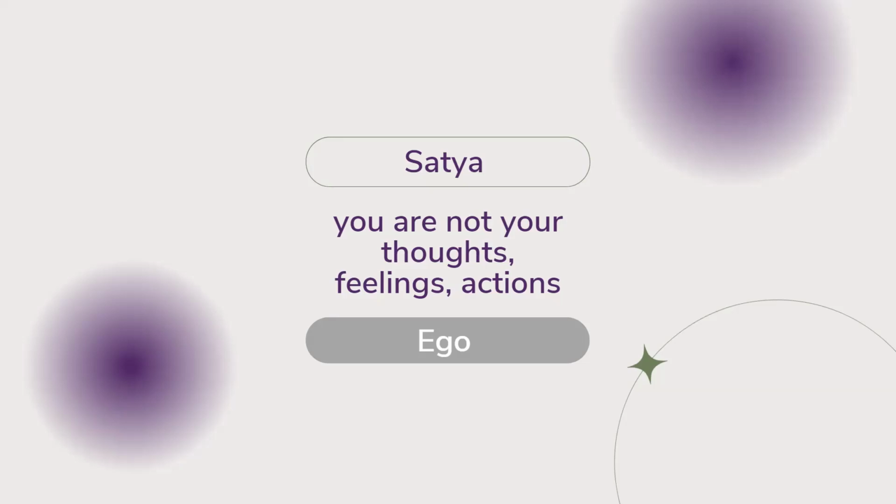What we're reminding ourselves of is that there is a part of you that observes that action, thought, emotion. A part of you that is not that thought, not that feeling, not that action, but a part of you that observes. And that part of you is the unchanging part of you.